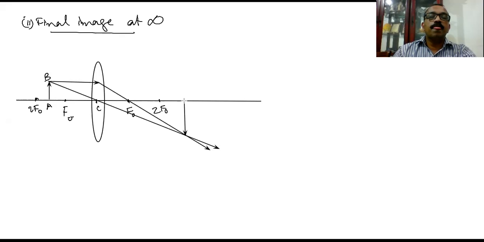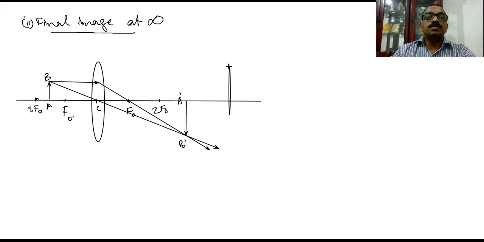That is, the real inverted image formed. The image name is A dash, B dash.